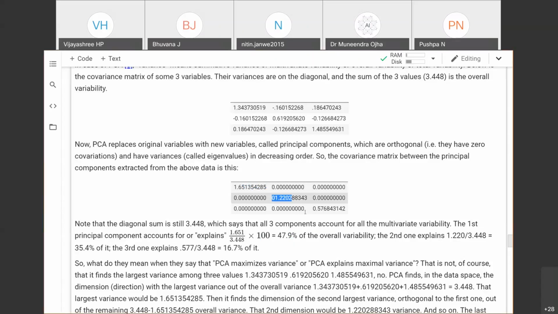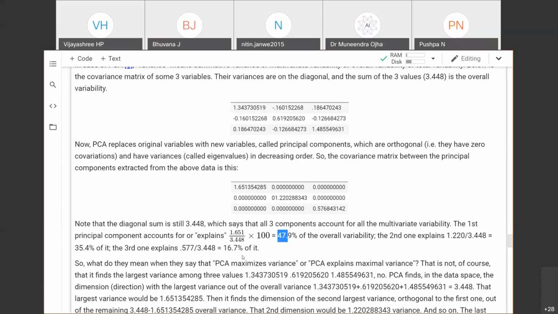Now let us take the second one. The second one explains 1.220 divided by 3.448, that's equal to 35.4% of the overall variability. So if I add the first and second, I will get somewhere around 82 to 83% of variability explained by the first and second principal components only.